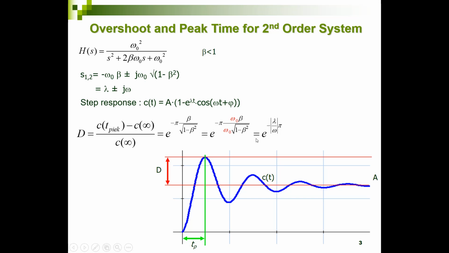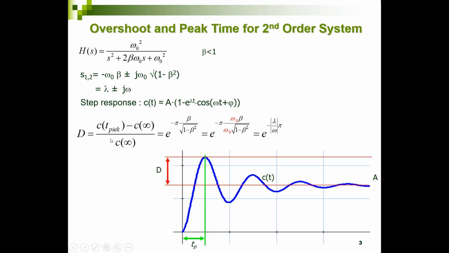So what does this tell us? It's e to the power minus the absolute value of the real part of the pole divided by the imaginary part of the pole times pi. So when I know the pole locations, then I can calculate the maximum overshoot of the system response when I apply a step input to it.